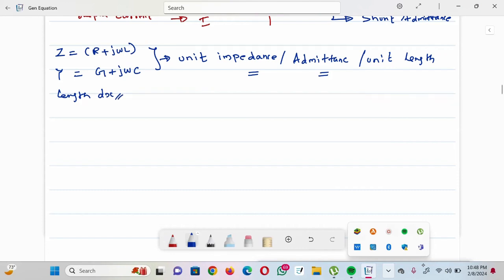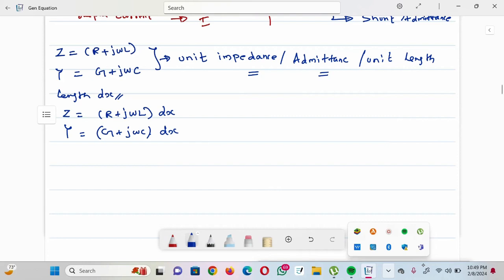That means you multiply both the impedance and admittance values, R plus j omega L with dx, and admittance G plus j omega C with dx. With these values, we will find the voltage drop or potential difference between the two ends.